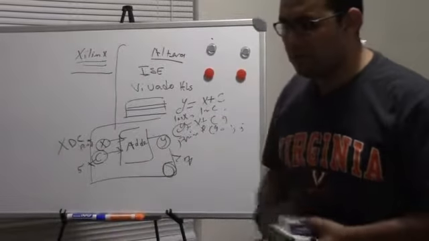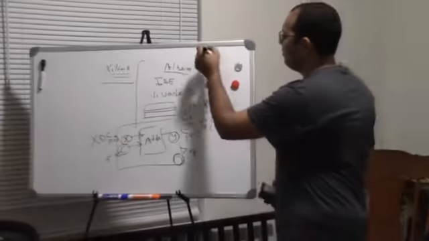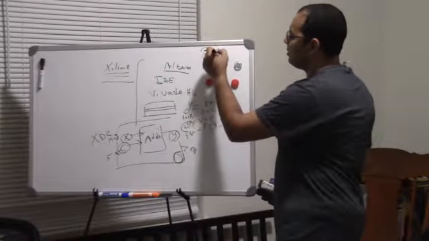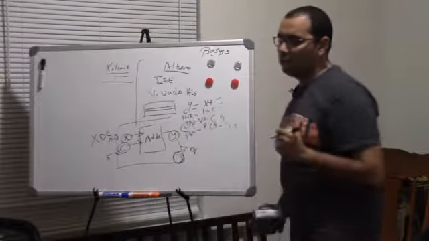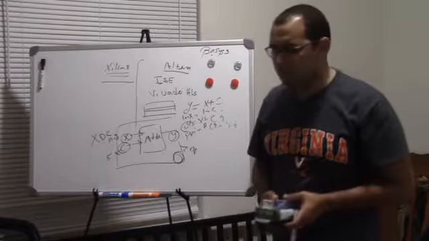Let me show you examples of how you can use it. I have here at the moment a Basys 3 board, and I have three examples I can show you.